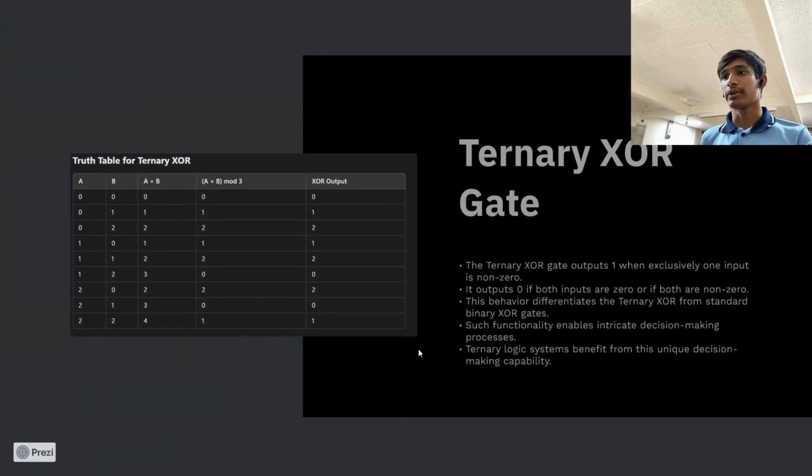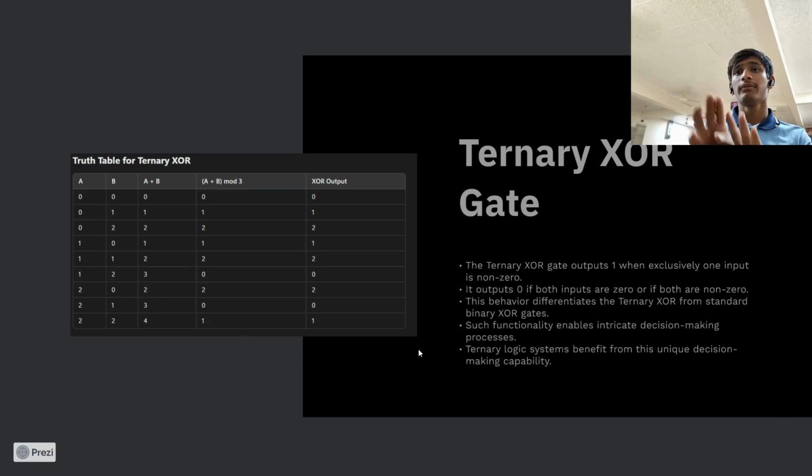Now, ternary XOR gate. As we know, in a binary XOR gate, if any of the inputs is 1, then the output is 1. But in this scenario, the ternary gate is A plus B modulo 3.